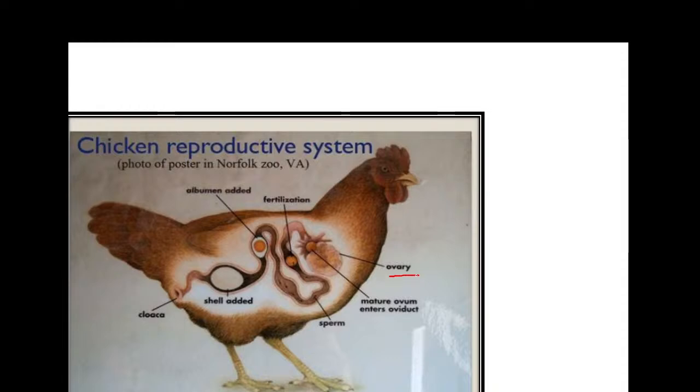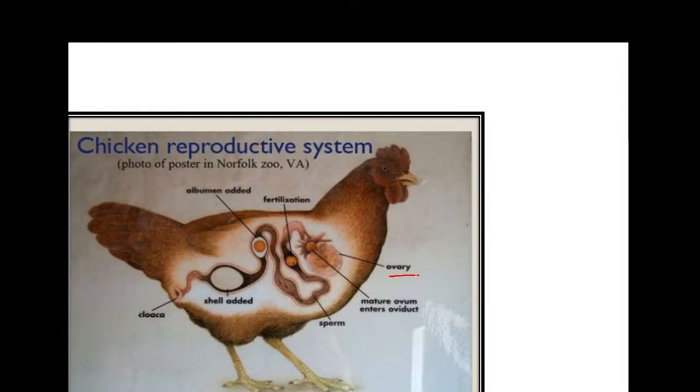Which side of the reproductive system of birds is functional? Is the reproductive system developed on both sides, or is a single side developed?